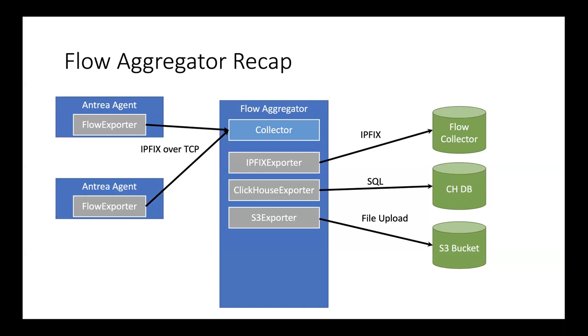The idea is that we don't drop or miss any connections, because we want that system to be aware of every connection that's going through the Antrea network. So we export that data to the flow aggregator.